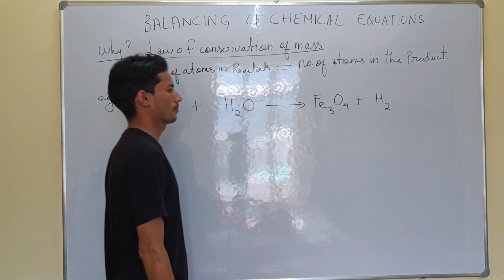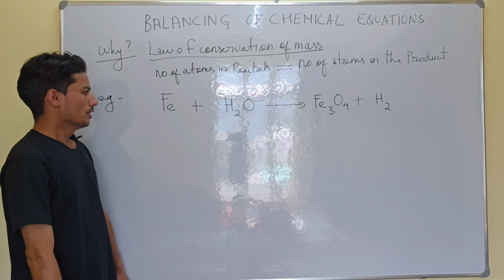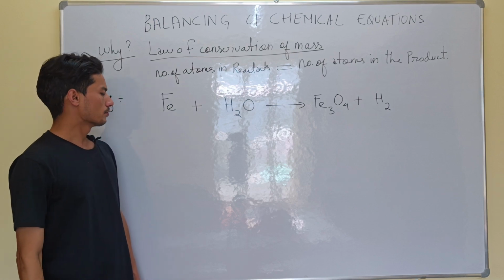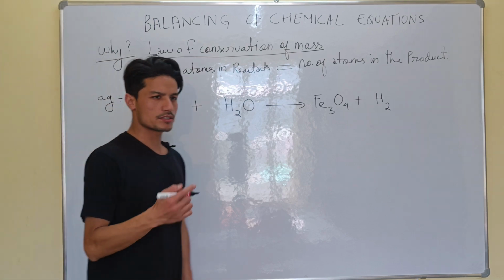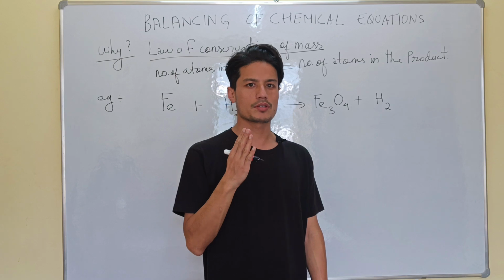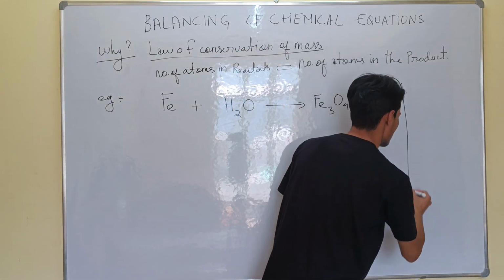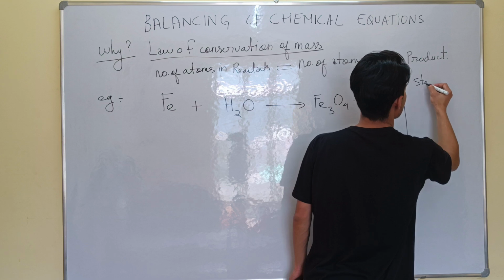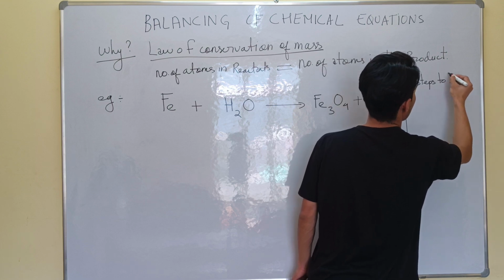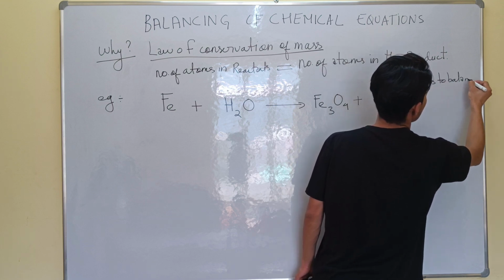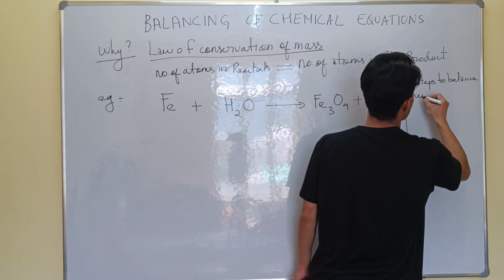Now, how do we balance a chemical equation? It's very easy. There are only 3 steps that you have to remember. Let me give you the steps first. Let me write down the steps here. Steps to balance chemical equations.